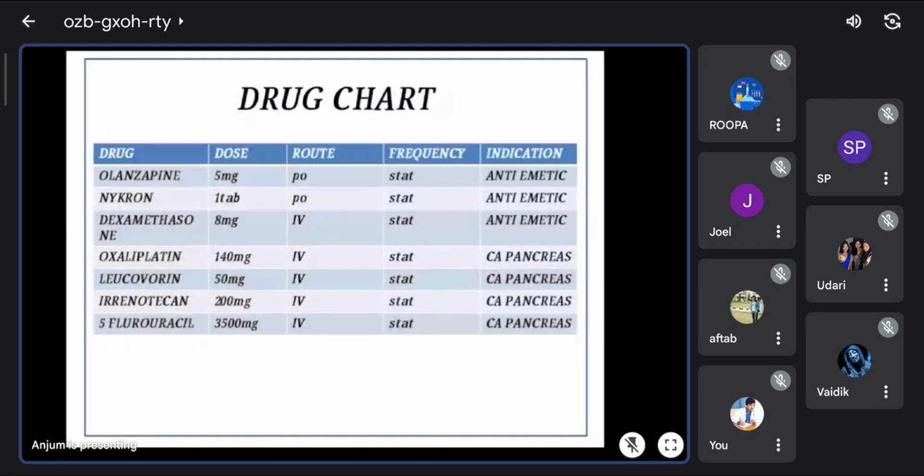So can you tell me what is olanzapine? You might be wondering why I have written the indication as antiemetic for olanzapine, and also for dexamethasone. What's olanzapine?